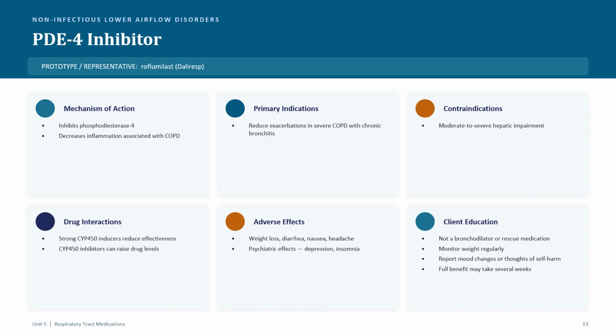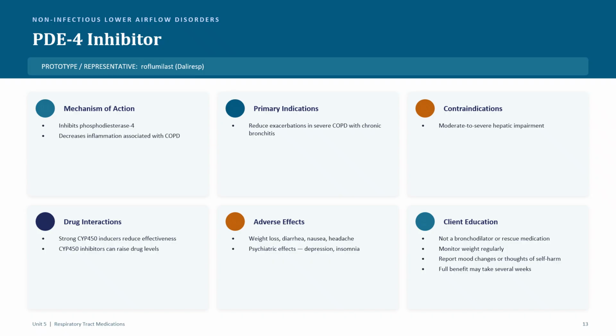Next, we have the PDE4 inhibitor. So roflumilast is worth knowing mostly by contrast with everything else on this list, because it's easy to lump it in with bronchodilators. But that would be a mistake. So this medication inhibits phosphodiesterase 4, which sounds similar to theophylline's mechanism, but notice the outcome described on the slide.